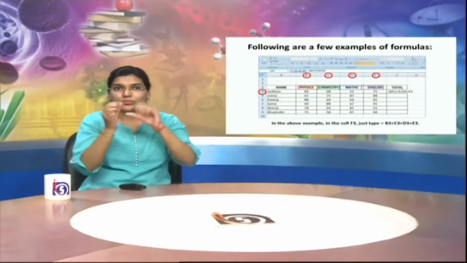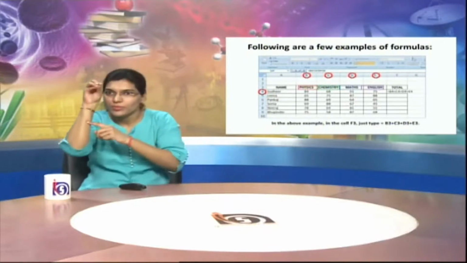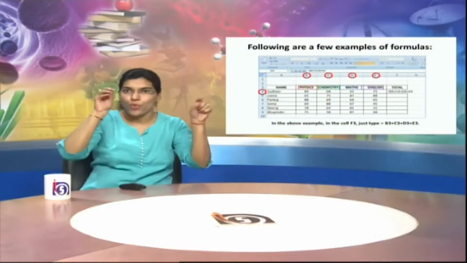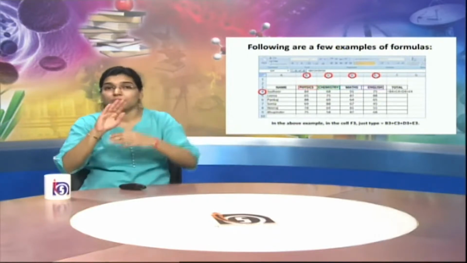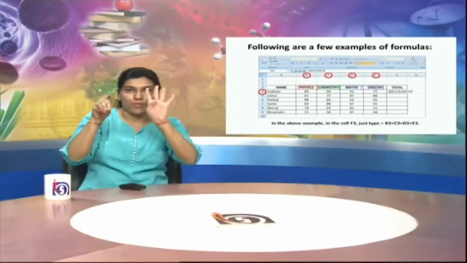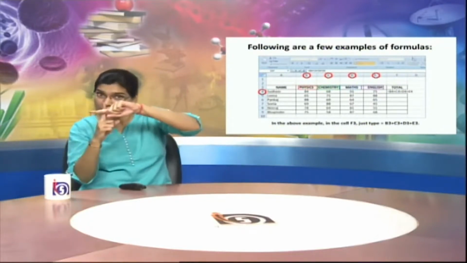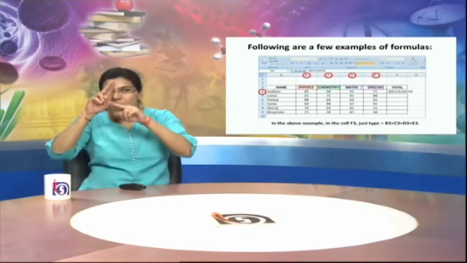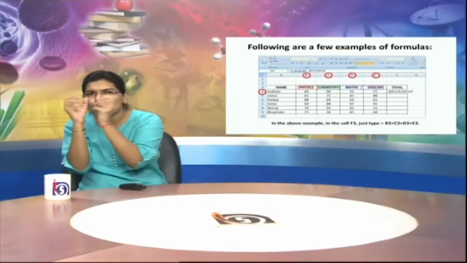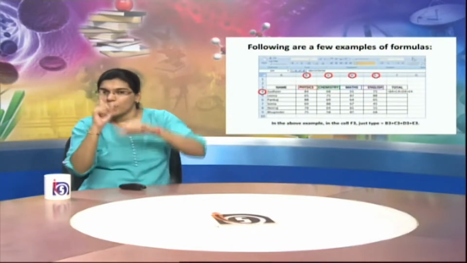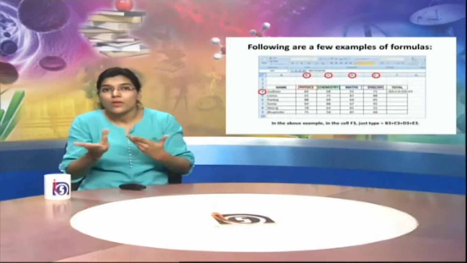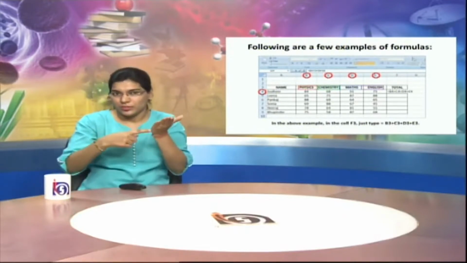So that cell number is B4, and you have to add B4, and after that chemistry marks are under the column C, and then after that mathematics marks are under the column D, and similarly English marks are under the column E. So in the F column, you will write B4 plus C4 plus D4 plus E4.